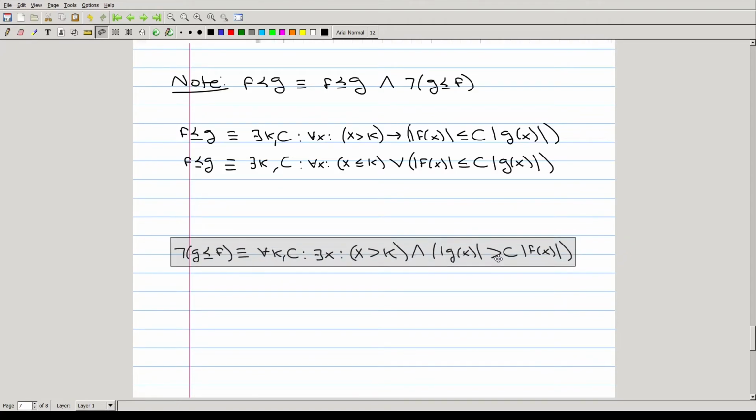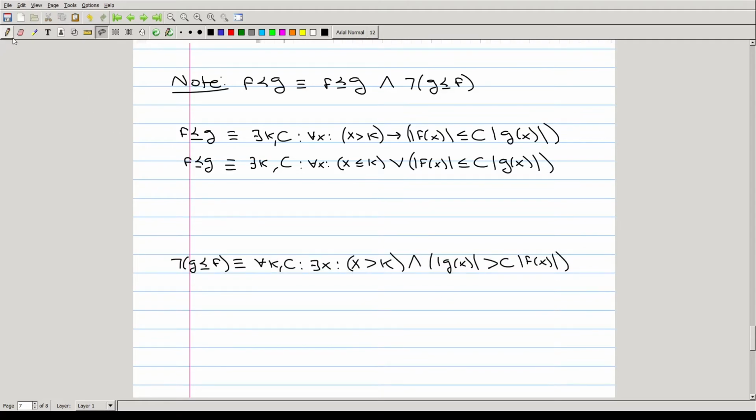And this is where our skill in manipulating predicated statements is very important, because this means as well that g is dominated by f is the same statement as there exists a k and a c such that for all x, if x is greater than k, then the absolute value of g of x is less than or equal to c times the absolute value of f of x, which is the same statement as x is less than or equal to k, or the absolute value of g of x is less than or equal to c times f of x.